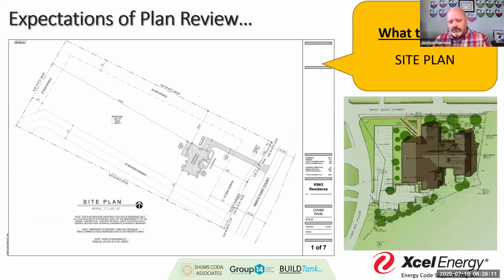We've got a few minutes to run through some more of these quick clarification things. Remember, part of what we're getting is going to be that site plan. That site plan, when we're talking about it from an energy context, is important to have, because it's going to allow us to understand the building as a whole, right? Are we going to see things identified on that site plan that could impact energy conservation?